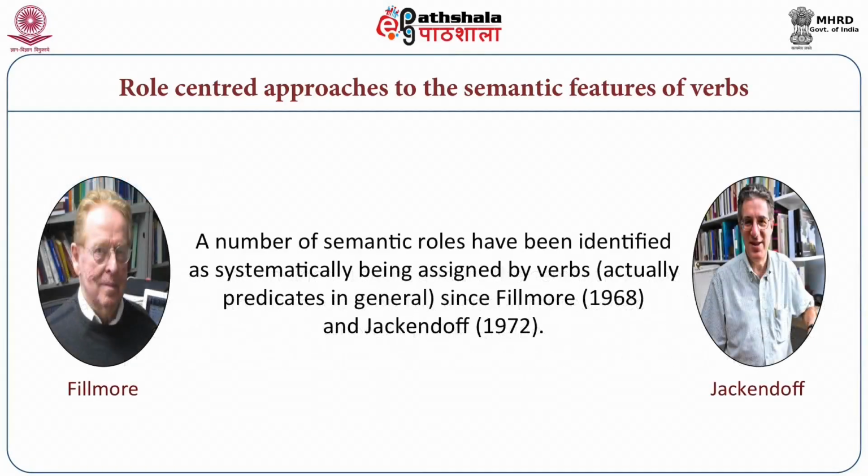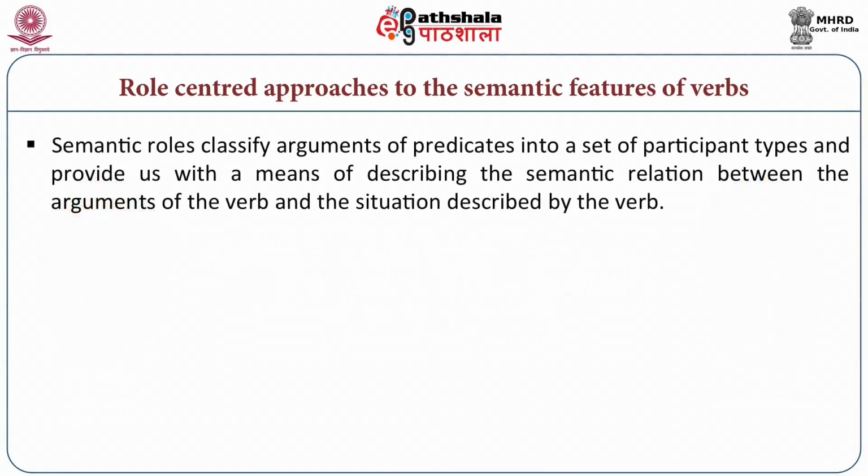A number of semantic roles have been identified as systematically being assigned by the verb, or predicates in general, in fact, since Fillmore 1968. Semantic roles classify arguments of predicate into a set of participant types and provide us with the means of describing the semantic relation between the arguments of the verb and the situation described by the verb.